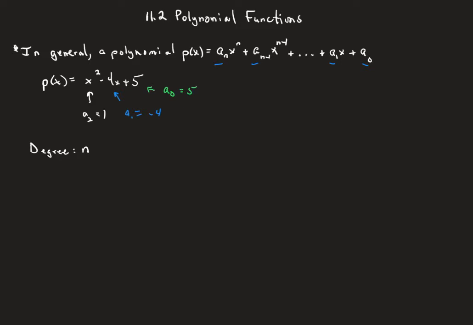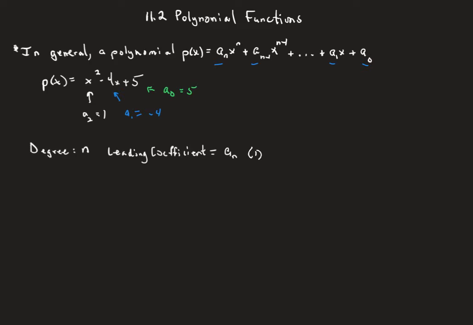The leading coefficient is going to be the number in front of the highest power of x, regardless of where it may appear in the actual expression. Leading coefficient, in general, we would call a sub n. In our example, it is just 1.